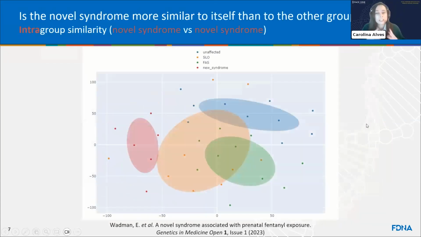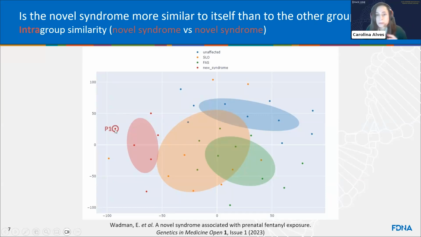Now, the question that we wanted to answer is if the novel syndrome is more similar to itself than to the target matched groups. To answer it, we first compare the novel syndrome to itself with what we call an intragroup similarity analysis.